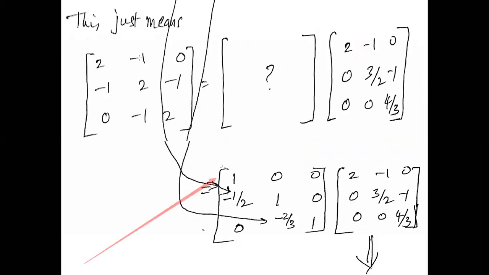That means matrix A has now been decomposed in the form of two matrices, L into U. You can see the structure of L. It has ones on the diagonal and all components above this as 0 and rest of the components. And you can see the structure of U, which is diagonal elements and all the elements below this as 0. That means A, the original matrix, can be written in the form of two triangular matrices, one lower triangular matrix and the other upper triangular matrix.